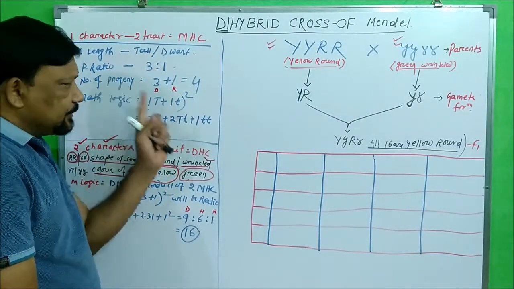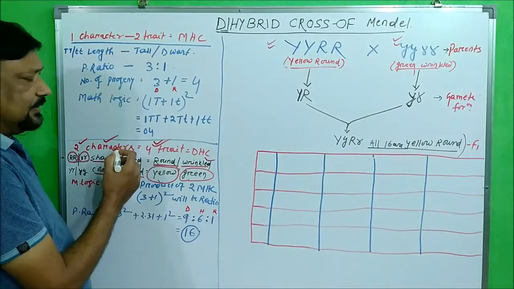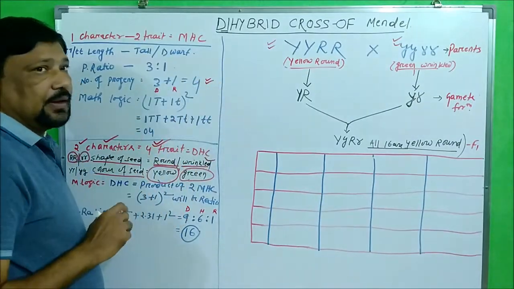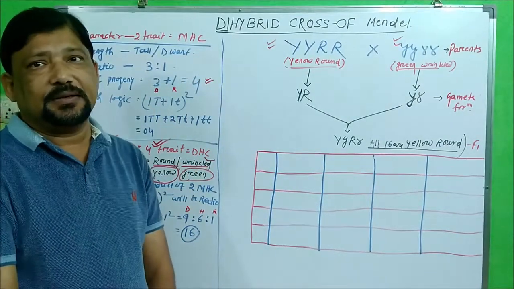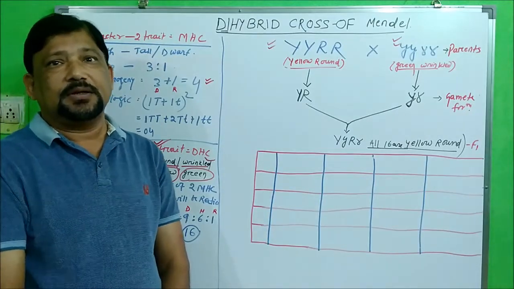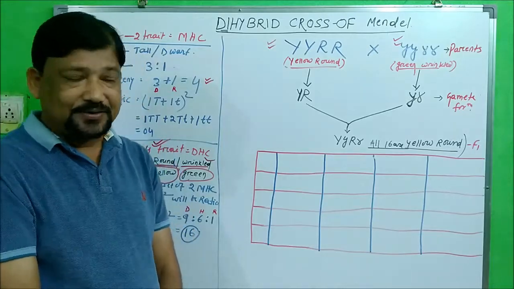So, as per the mathematical logic of Mendel, if one character gives a product 4, then 2 characters hybridization is equal to the product of 2 monohybrid cross. Are you getting a point?